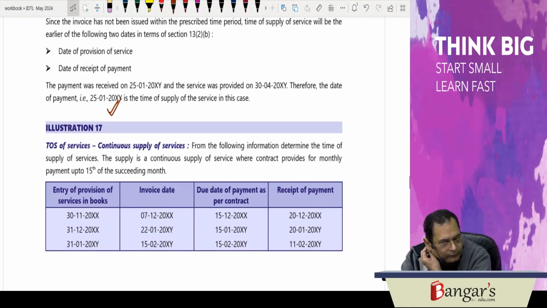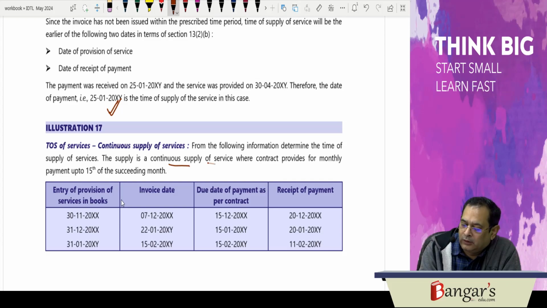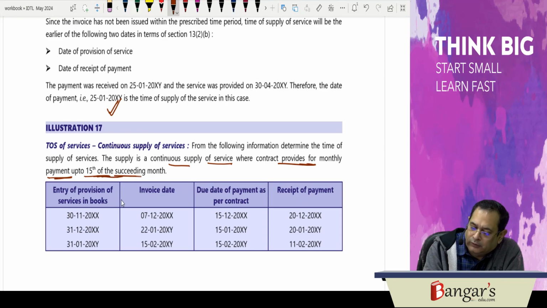Now next is, from the following information, determine the time of supply of service. Supply is basically continuous supply of service, where the contract provides for monthly payment up to 15th of the succeeding month.